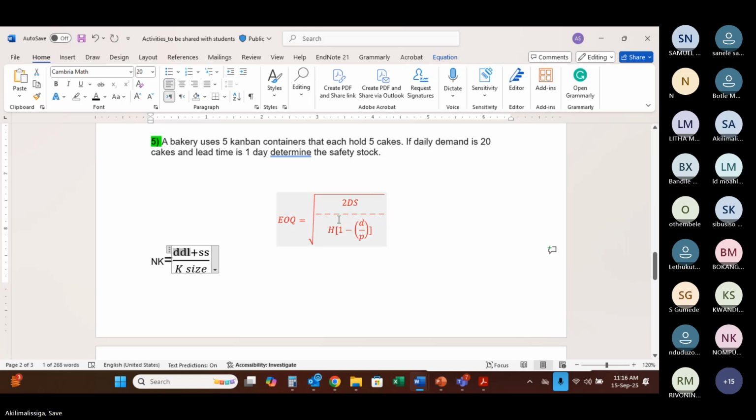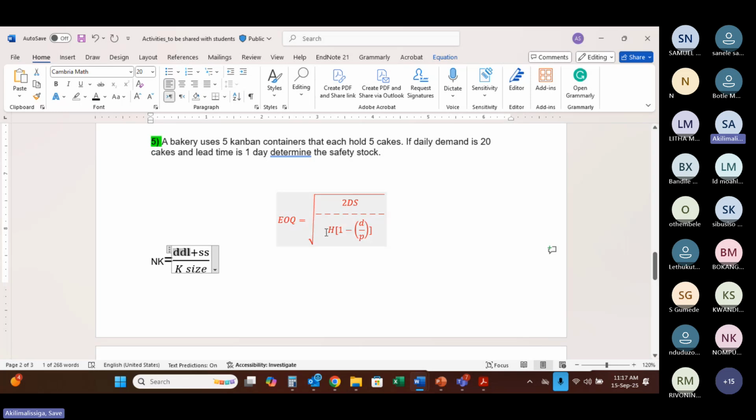Also, from this formula, you could be asked to calculate the demand, the daily demand, for instance. So you should be able to pull this D here from the formula, and then use the details provided in whatever statement, and then perform the calculations to come up with the value of D, small d, obviously, right?